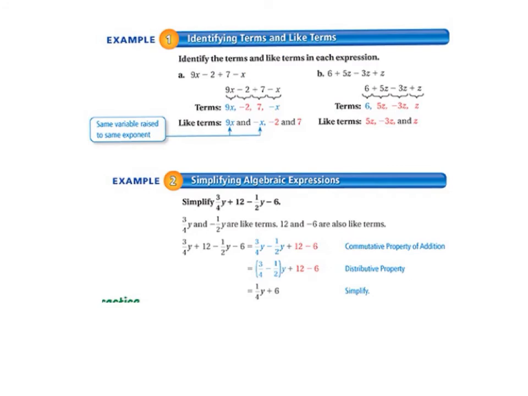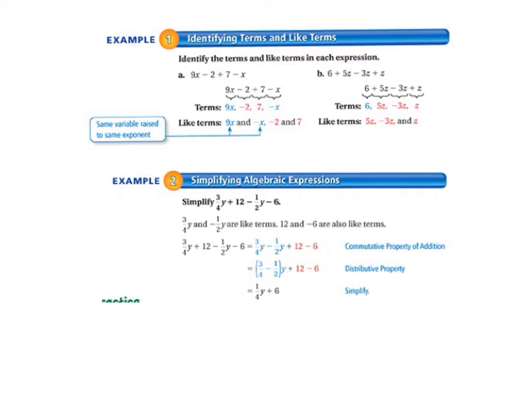Now let's take a look at example 1, identifying terms and like terms. Identify the terms and like terms in each expression. Example 1a shows us the expression 9x minus 2 plus 7 minus x.